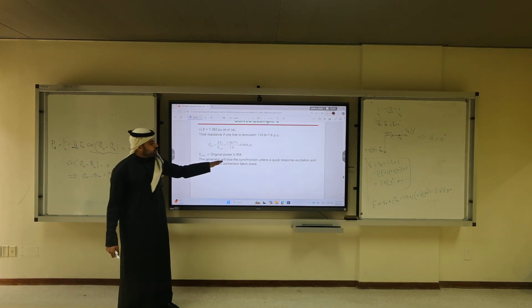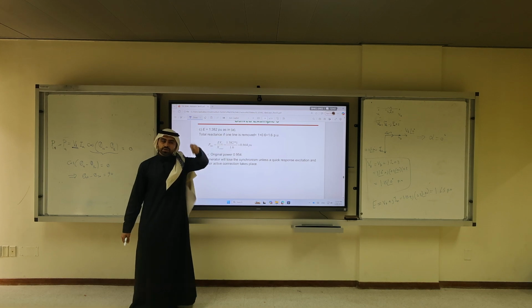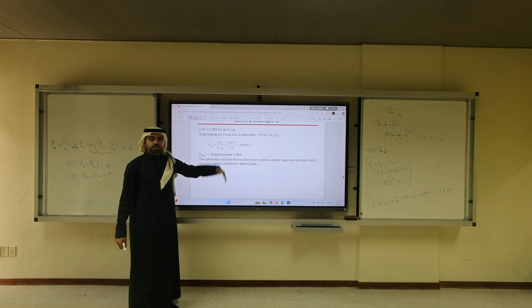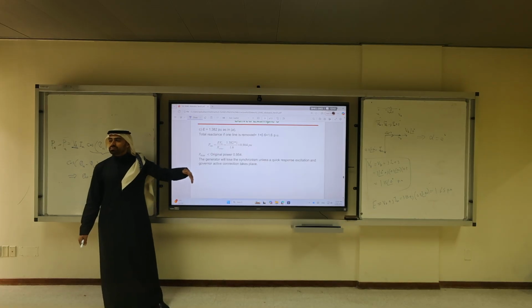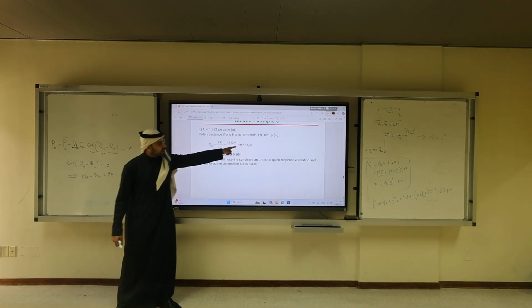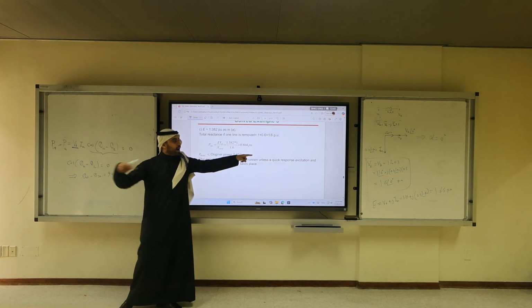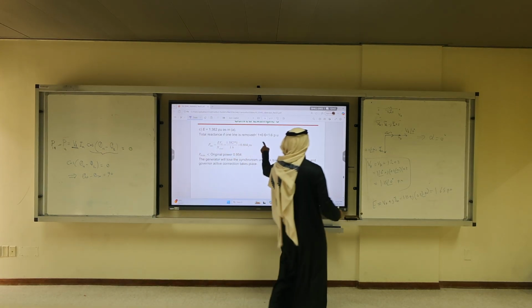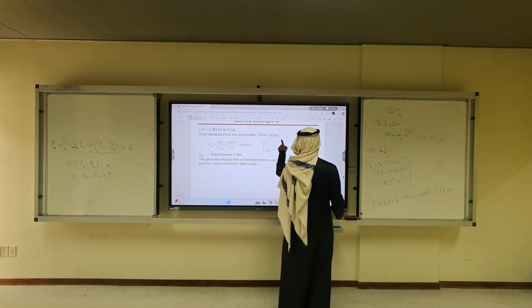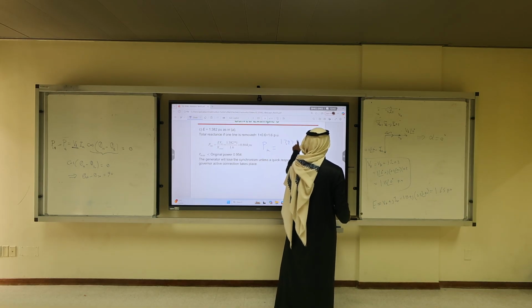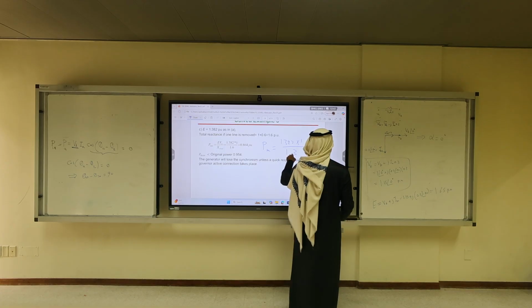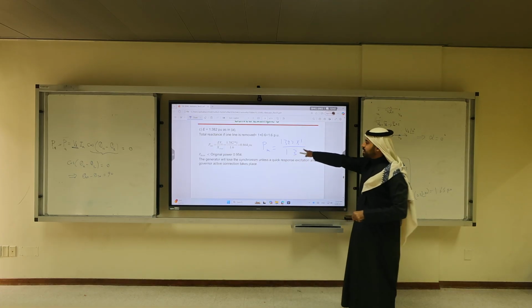So the generator will lose synchronism if we disconnect one line. Any calculations you do are infeasible because the maximum power you can transfer is 0.864 if you lose one line. The maximum power for two lines is what? 1.382 times 1 over 1.3. This is larger. Can anybody calculate this number?